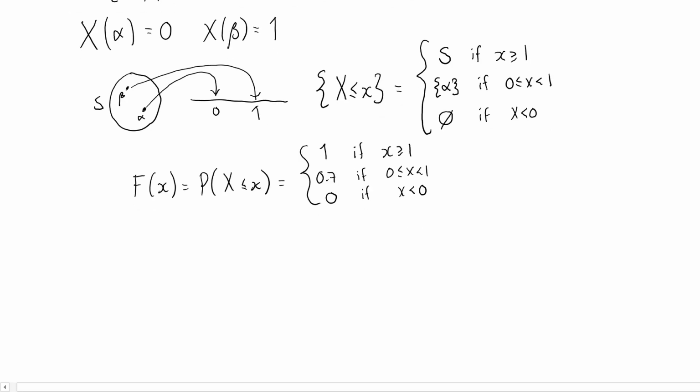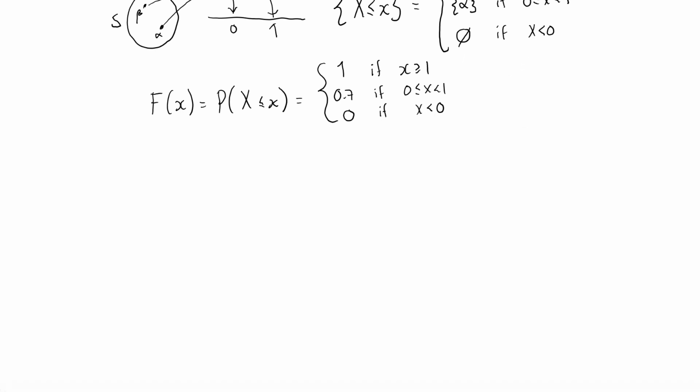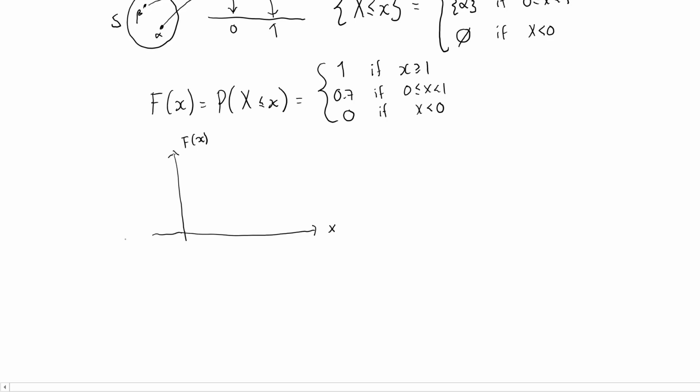So if you want to plot the CDF function for this particular example, it would look something like this. When x is less than 0, it's 0, so it goes like this. It jumps to 0.7 when x becomes equal to 0. So if this is 1, then maybe 0.7 is right here. So it's equal to 0.7 when x is 0. And we draw that using a closed circle and an open circle.